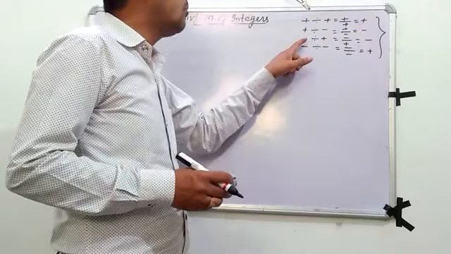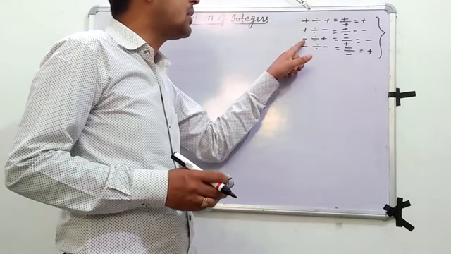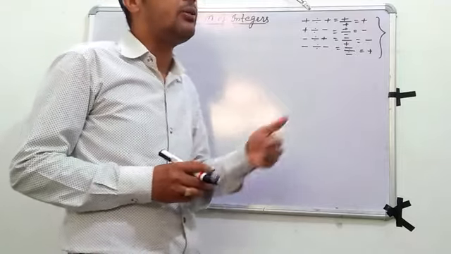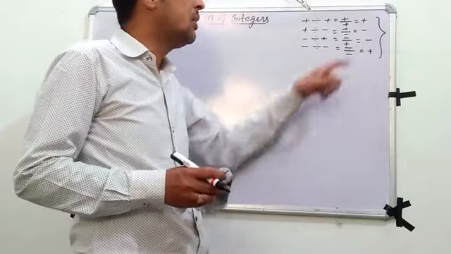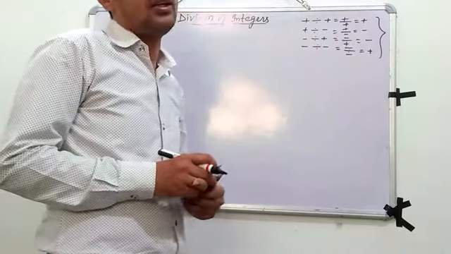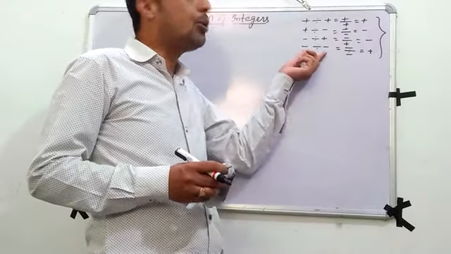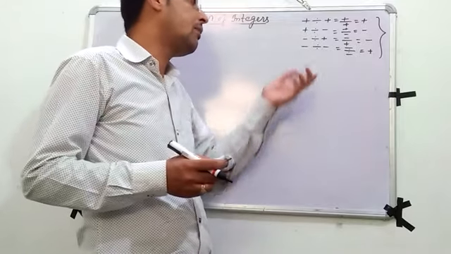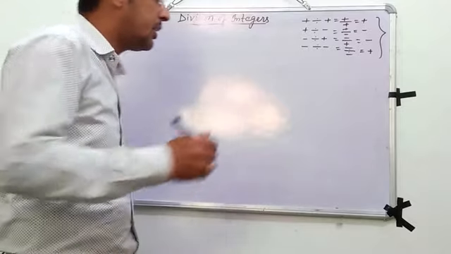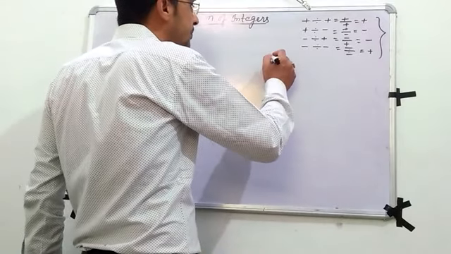Minus divided by plus, a negative integer divided by a positive integer, gives a negative sign in the result. And when both integers are negative and we divide, the sign will always be positive. With examples we can see this.